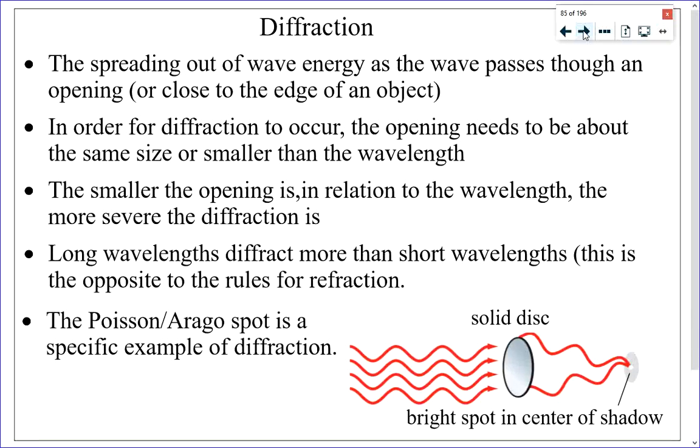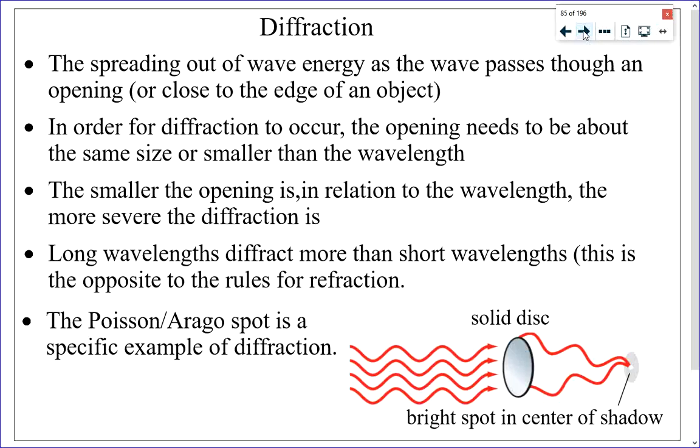We talk in class about what's called the Poisson or the Arago spot. It's just an example of diffraction in action combined with interference. When you have beams of light striking a solid disk, the beams of light that hit the edge of the disk will diffract.